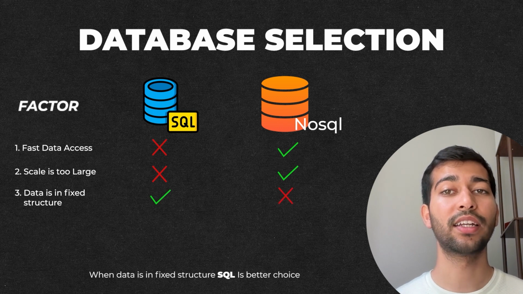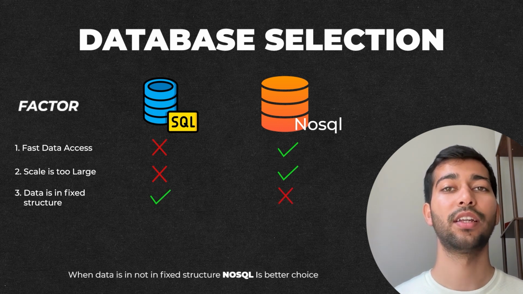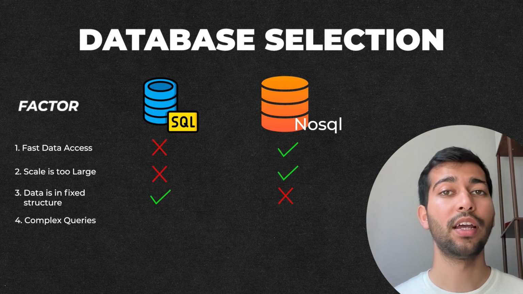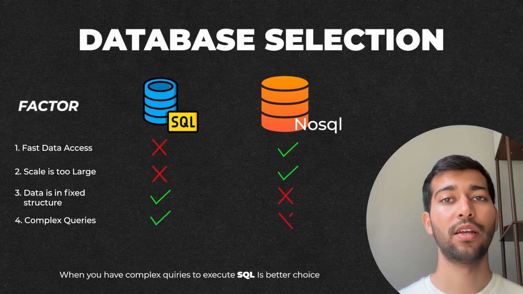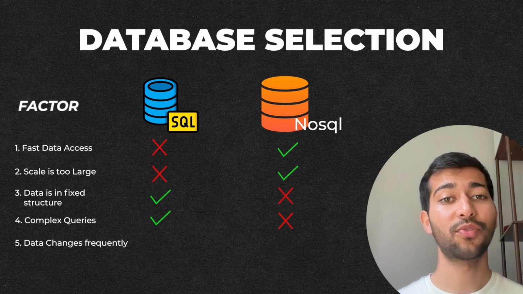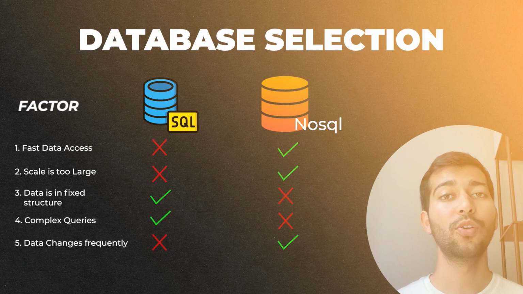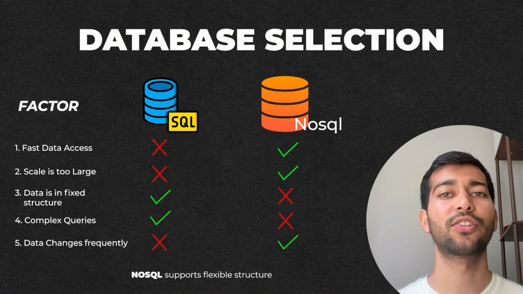And when the data doesn't fit into a fixed structure, NoSQL should be your choice. The fourth one, if you have complex queries to execute on your data, SQL should be your choice. The fifth one, if your data changes frequently or will evolve over time, go for NoSQL. This is because NoSQL supports flexible structure.